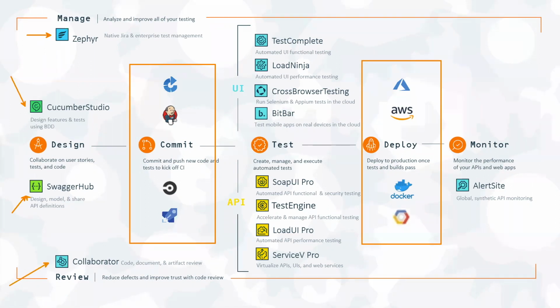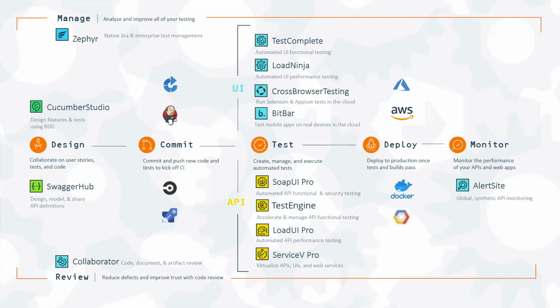So in the first stage here, code review and collaboration, management on the top. Here's our BDD solution with Cucumber Studio. And SwaggerHub, again, in that design phase. SwaggerHub is our solution for those specifications to help with the actual collaboration, the teamwork, the review processes, the different roles, and governance, like who can see what, different integrations for that downstream, the process of SwaggerHub.